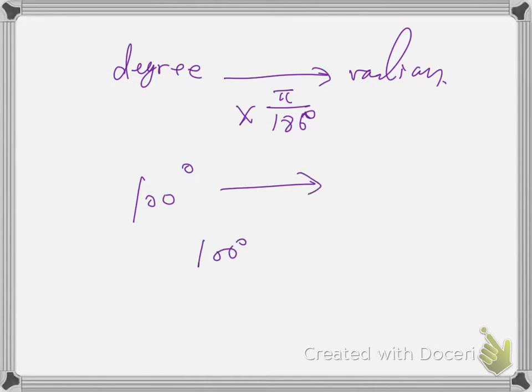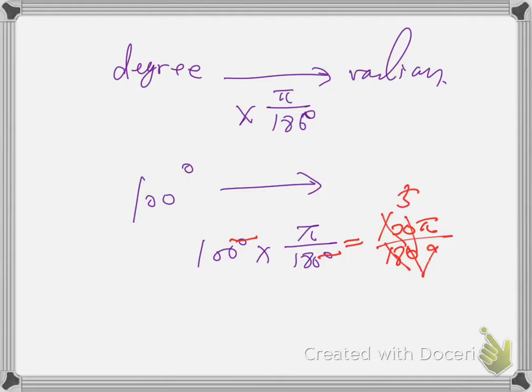So 100 times pi over 180 degrees. You see the degree measure cancels, and we have 100 pi over 180. So 10 cancels, and then we cancel 2. We get 5 over 9. So this is 5 pi over 9.